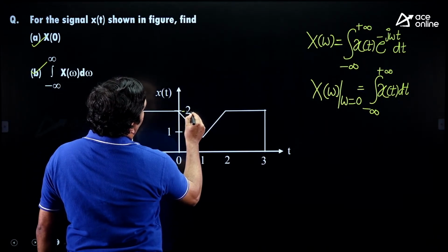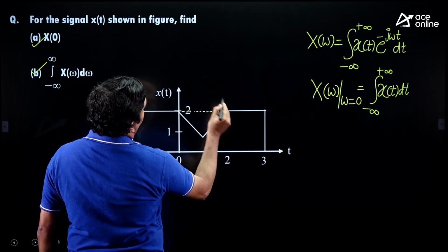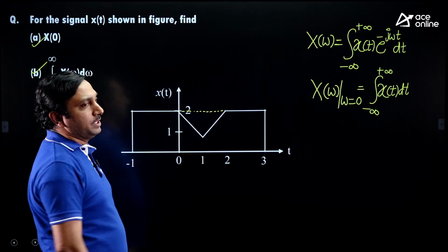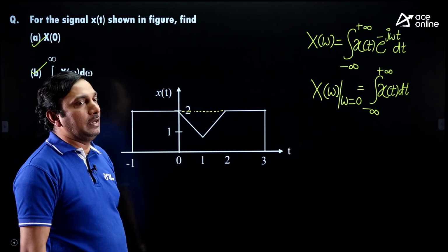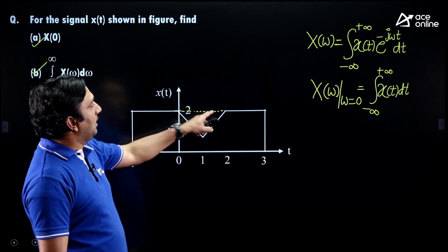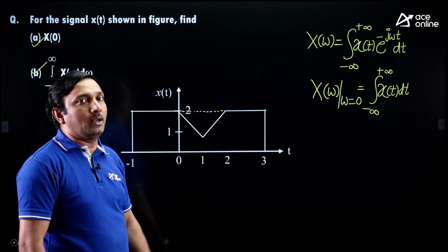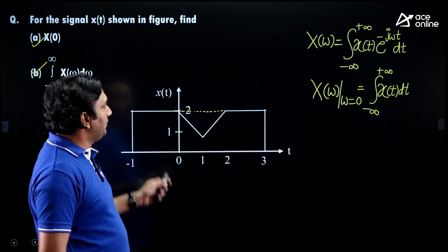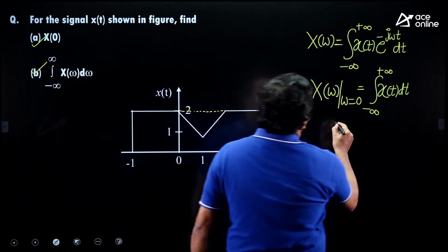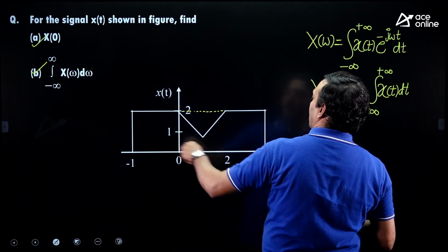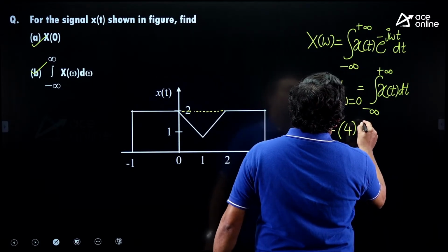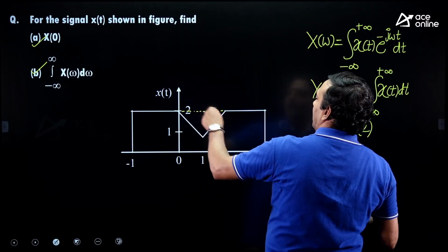So from the given graph, how can we obtain the area under the signal? Make the shape appear like a rectangle. From that rectangular part area, remove the triangular part area. What is the rectangular part area? Length into breadth, 4 into 2. What is the triangular part area?